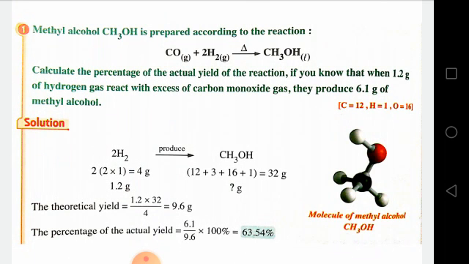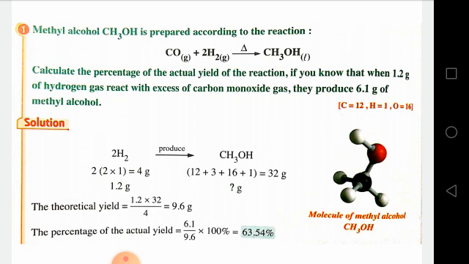The chemical equation is given and it is a balanced equation. Then we are asked to calculate the percentage of actual yield of the reaction, if you know that 1.2 gram of hydrogen gas reacts with excess carbon monoxide to produce 6.1 gram of methyl alcohol.